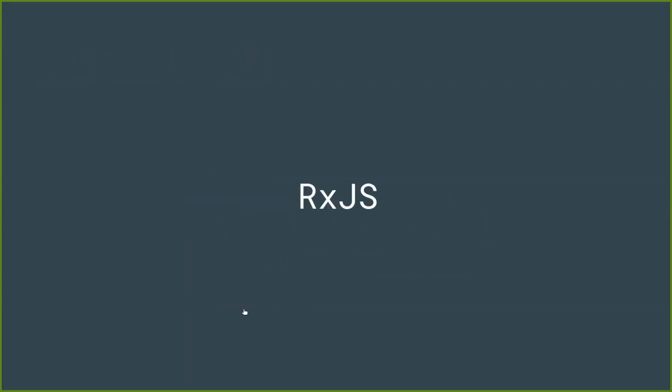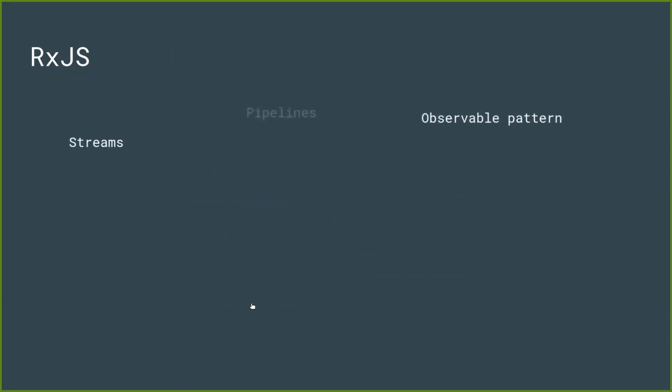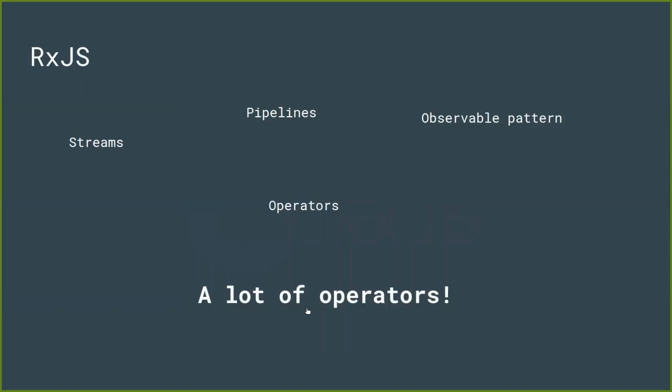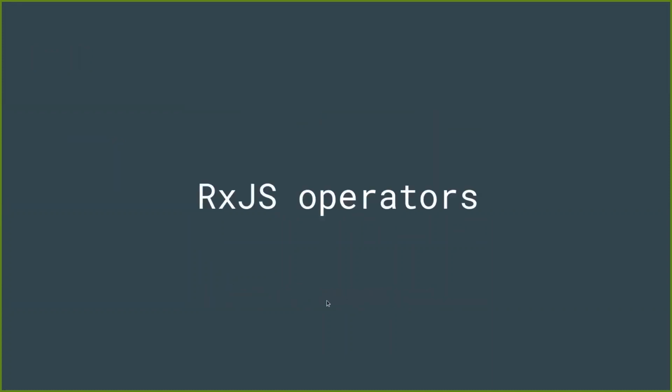Okay, so let's jump on the RxJS then. RxJS is composed of different parts, and those are streams, observable pattern, pipelines, and operators, and a lot of operators. And operators are the most important part here, so let's talk about them.